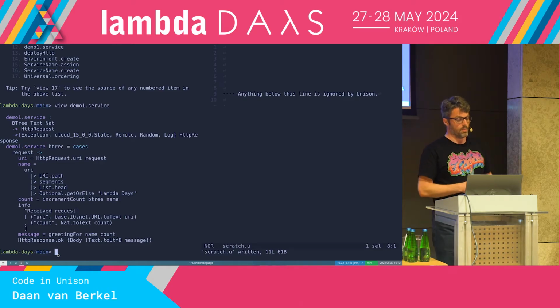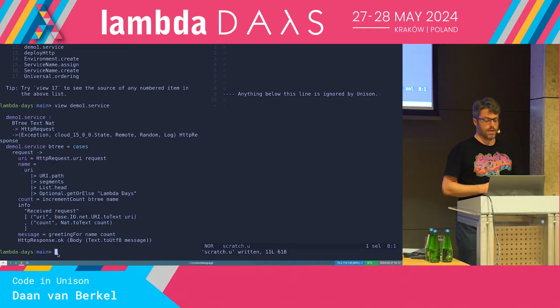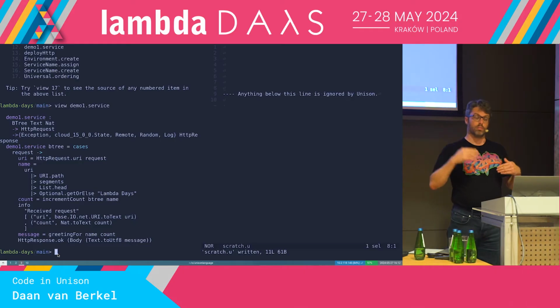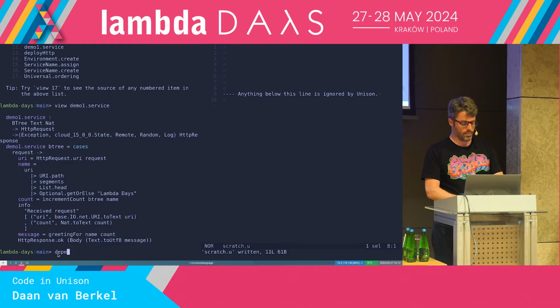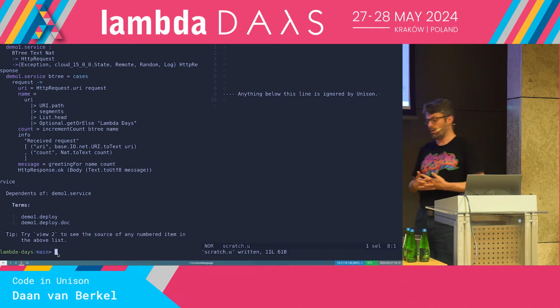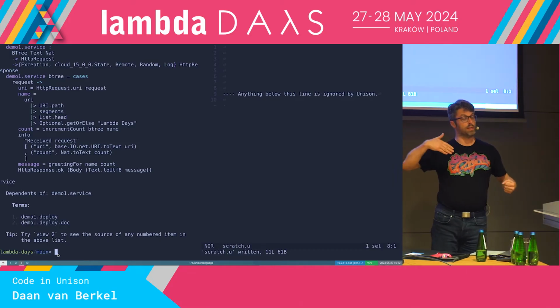So we just saw that there are dependencies that you can ask for. But the other way around, the relation that something is dependent on me is also questionable, discoverable. So what I can do now is ask from this term who depends on me, which is interesting.